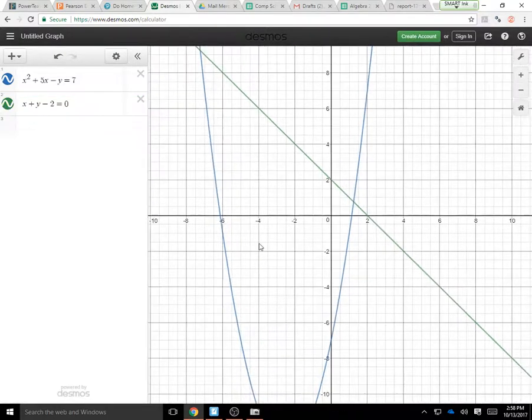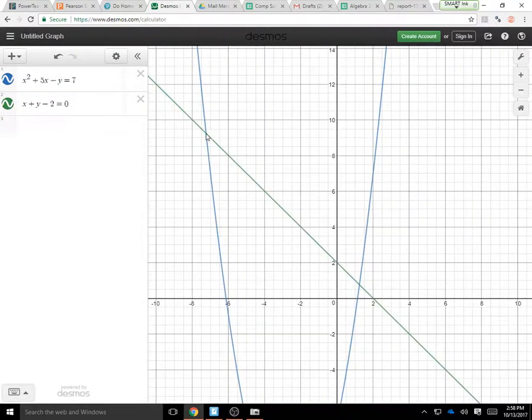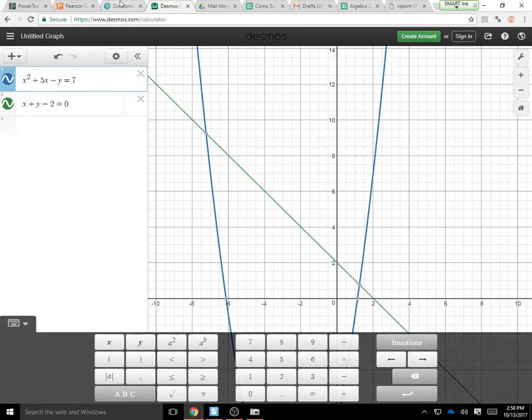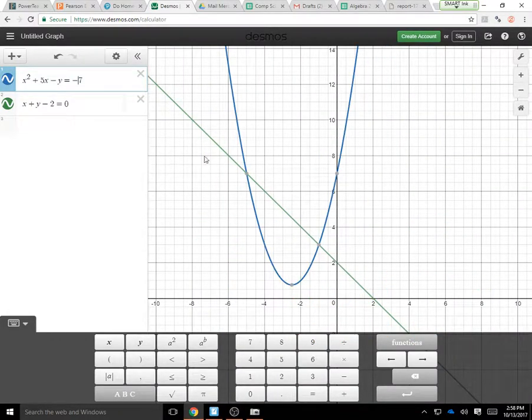So here they are, and all I'm looking for is the two intersections. Oh, that's not right, this is negative 7. Oh, yeah, thank you. There we go. So here's one solution, negative 5, 7, and the other one was negative 1, 3.